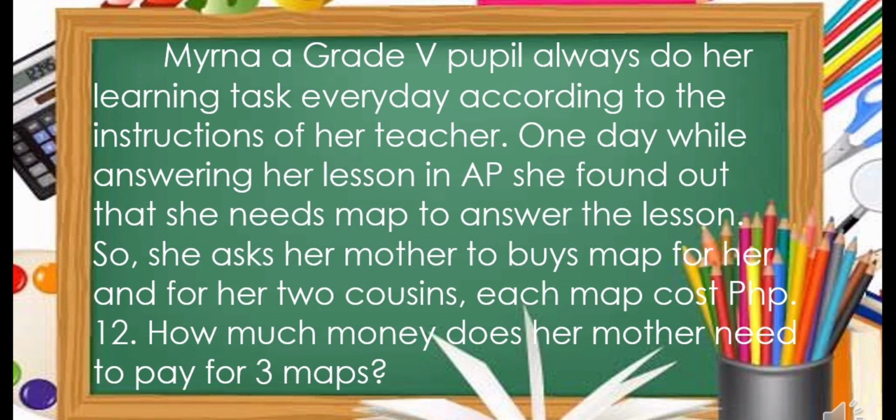One day, while answering her lesson in AP, she found out that she needs a map to answer the lesson. So, she asked her mother to buy a map for her and for her two cousins. Each map costs 12 pesos. How much money does her mother need to pay for three maps?